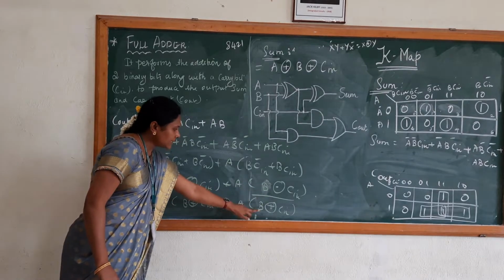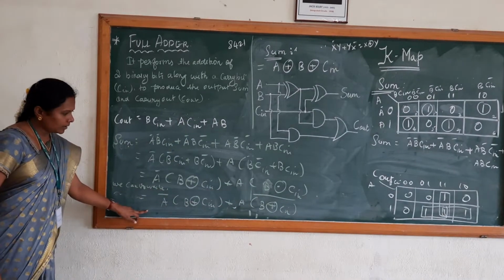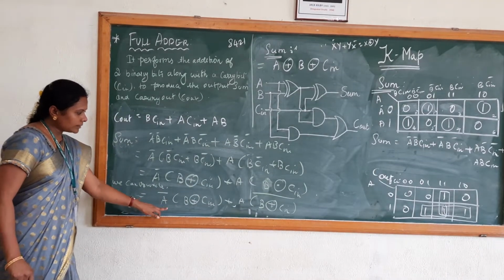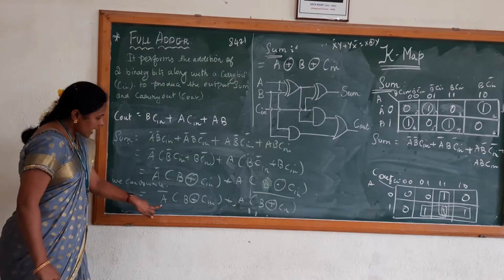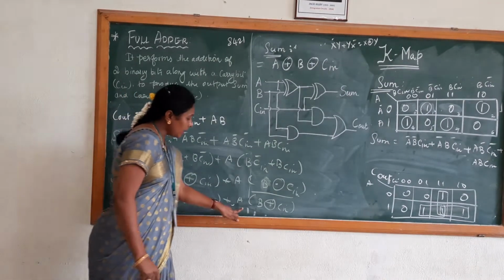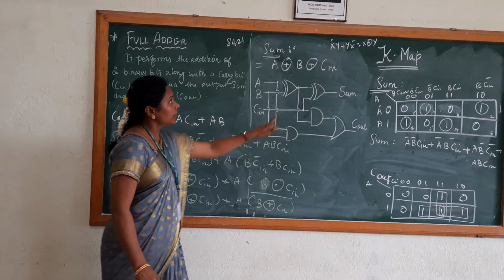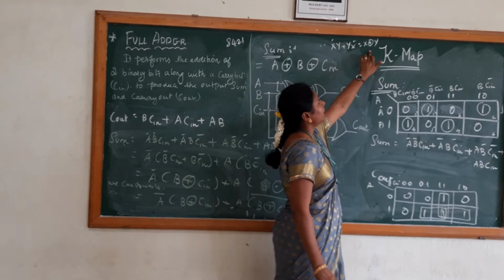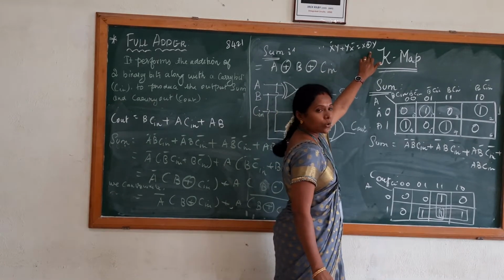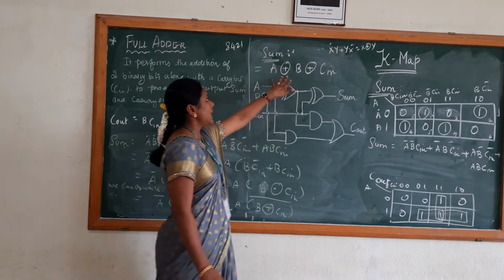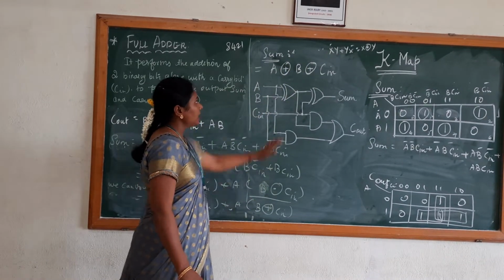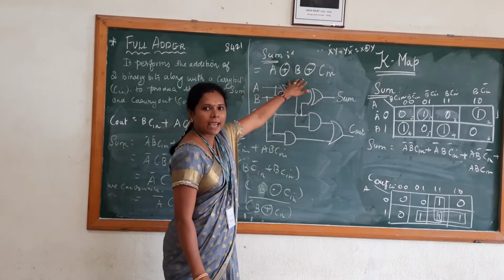So I have rewritten the same expression in this step, and when we look at this, it will look like X bar Y plus X Y bar, which is nothing but you can rewrite it as X XOR Y.